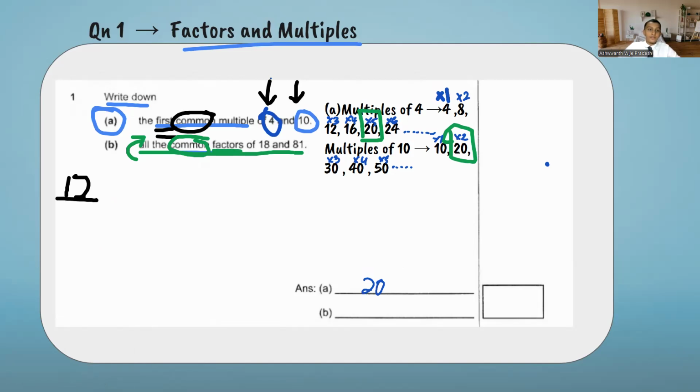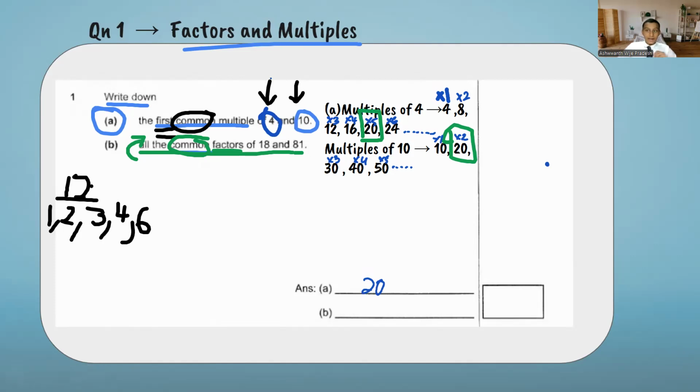What are the factors of 12? So how are you going to find it? One way you can do it is you can just try to list it down. So we have 1, 2, then you just think 3, 4, no 5, 6, and that's it.